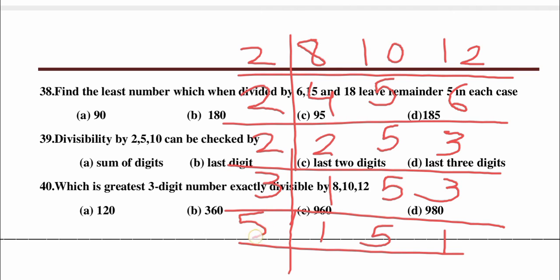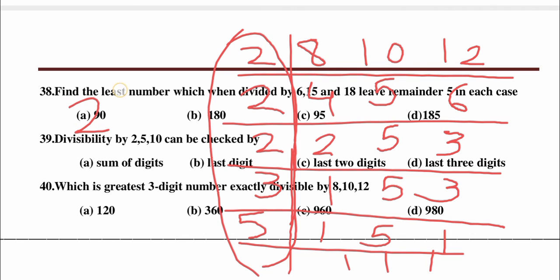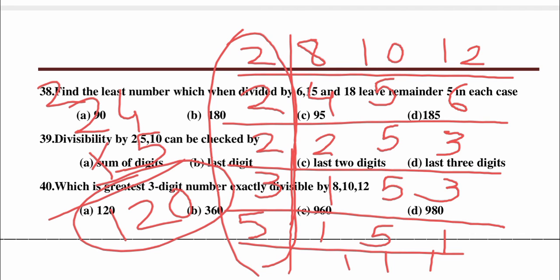Then we divide by 5. Now we multiply these: 2 2s are 4, 4 2s are 8, 8 3s are 24, 24 5s are 120. Now, 120 is not the greatest 3-digit number, right?